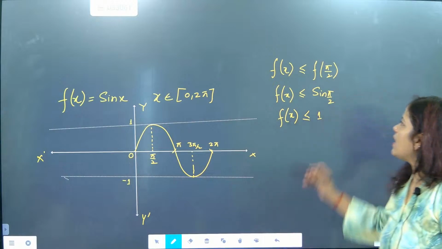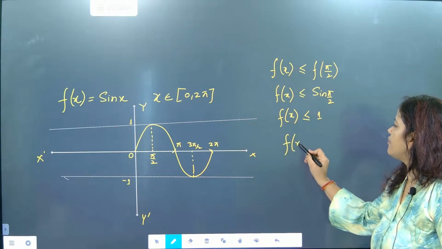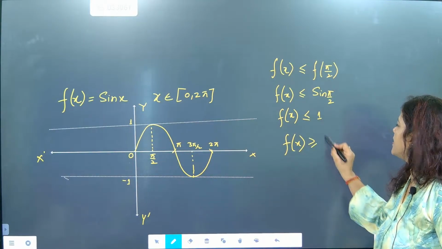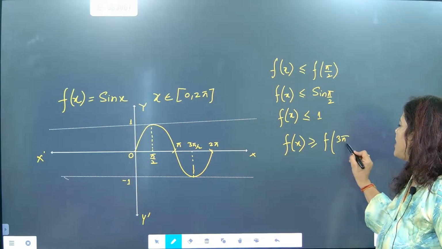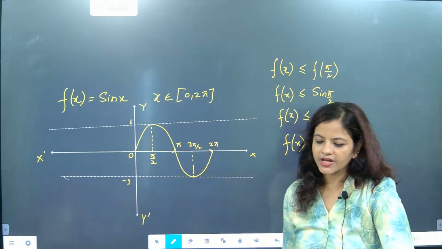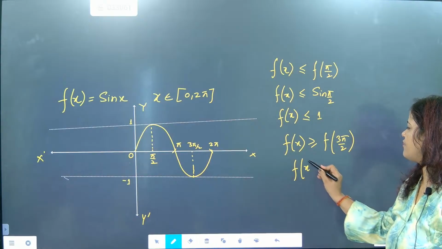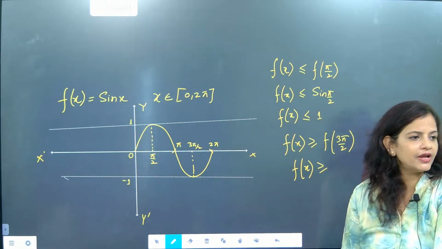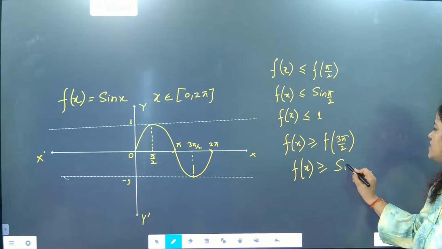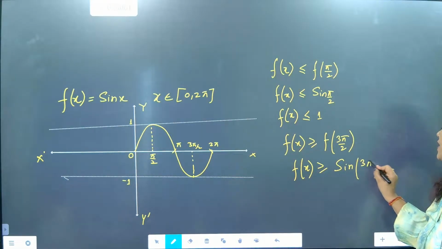Now, when you are checking the minimum, f of x is greater than or equal to f of 3 pi by 2. But f of 3 pi by 2 means what? Sine of 3 pi by 2.